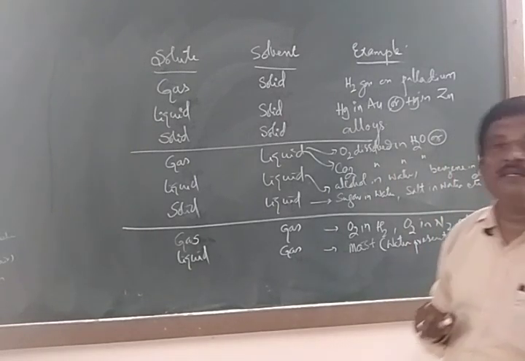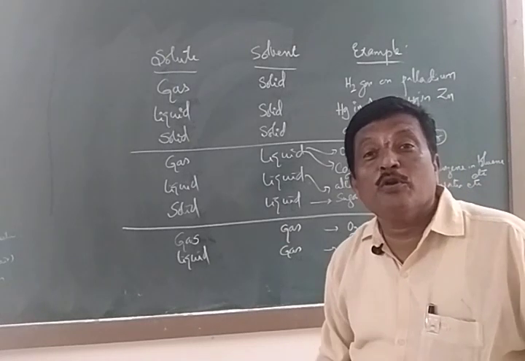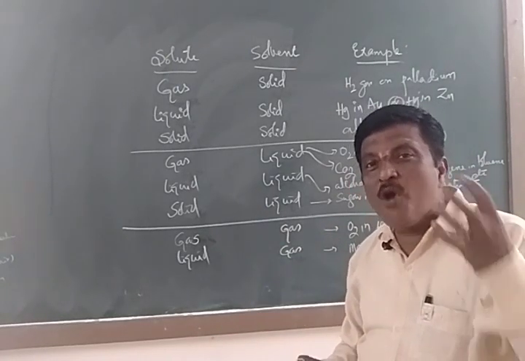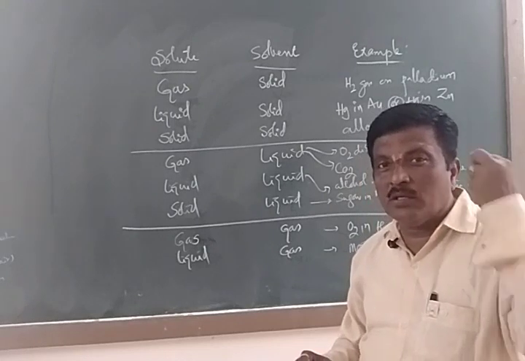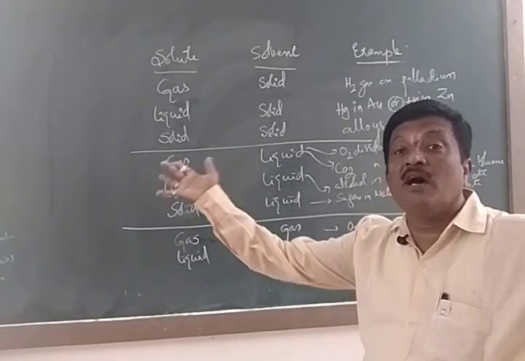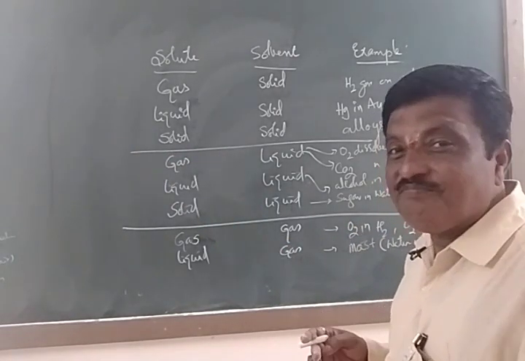That's why we usually call it moist air. Moisture means water present in air. Air is present in larger proportion, water present in smaller proportion.